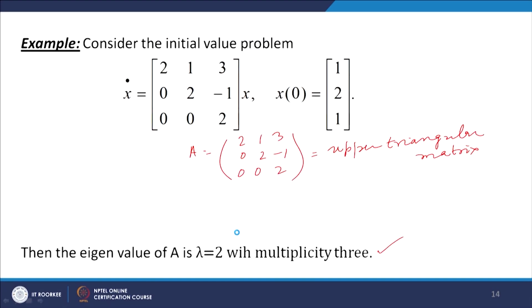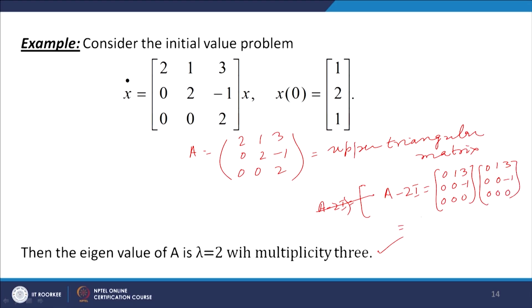A minus 2I is this matrix: 2 1 3, 2 1 3. So, A minus 2I will give you 0 1 3, 0 0 minus 1, 0 0 0. When we multiply 0 1 3, 0 0 minus 1, 0 0 0 by itself, what do we get?